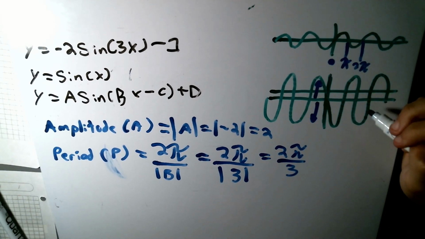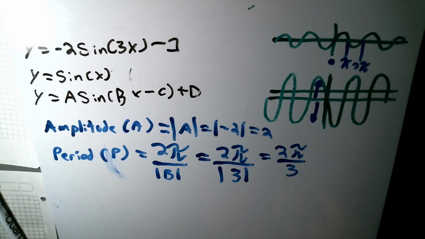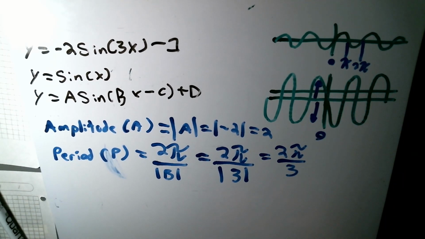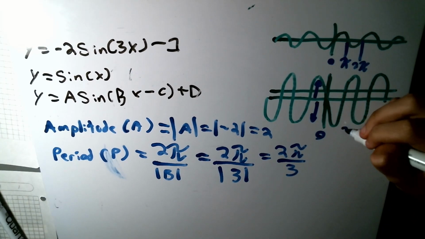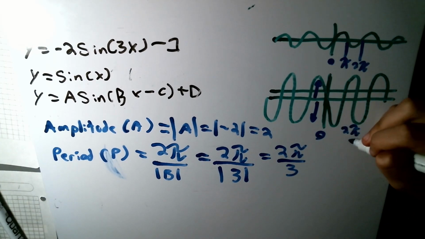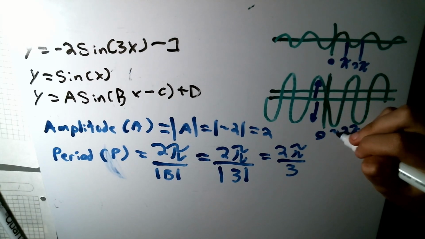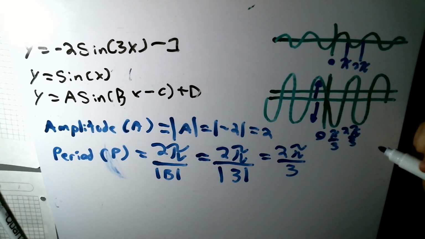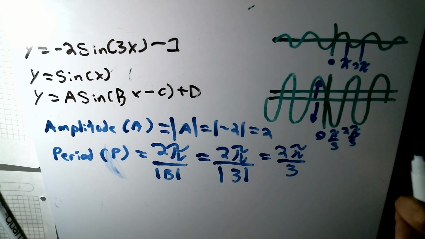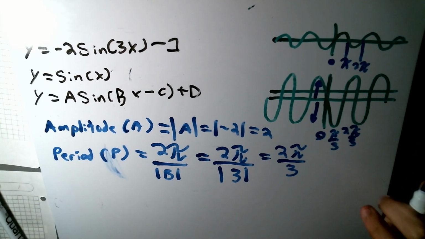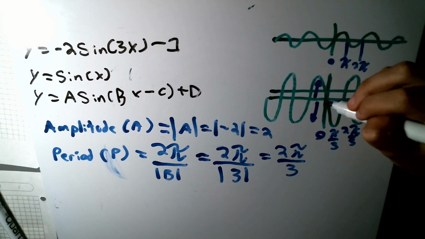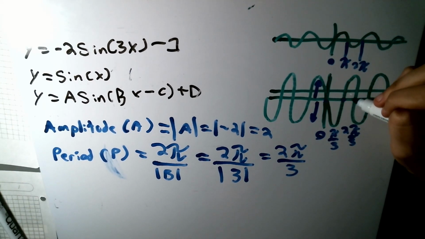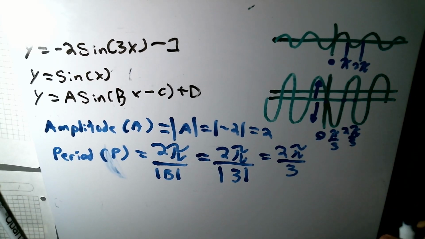So let's see. Okay, I'm analyzing this. This is 0, this is pi over 3, and this is 2 pi over 3.